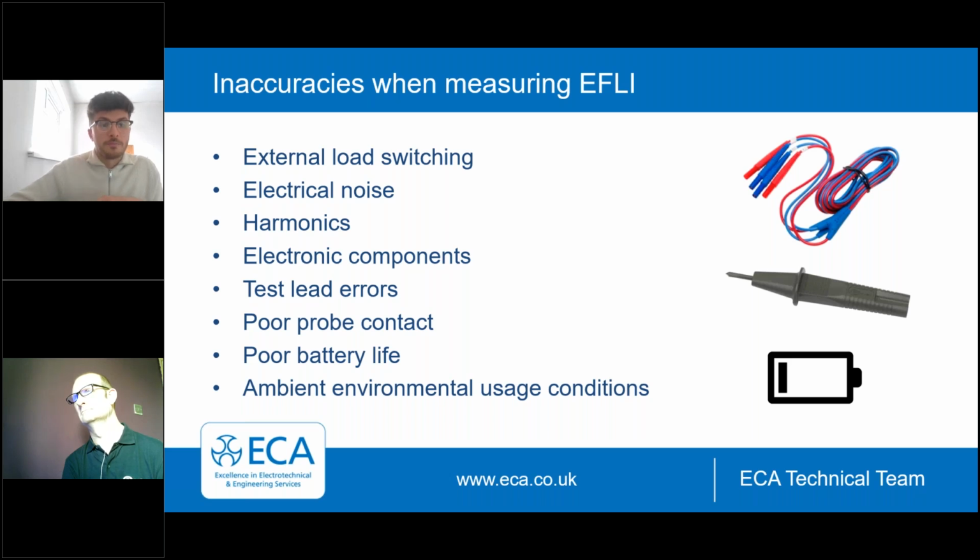If when carrying out the measurement itself, you're getting a poor probe contact, again, you're going to be adding to your readings. Poor battery life can affect the performance of the instrument, so should be checked prior to the use of the instrument.